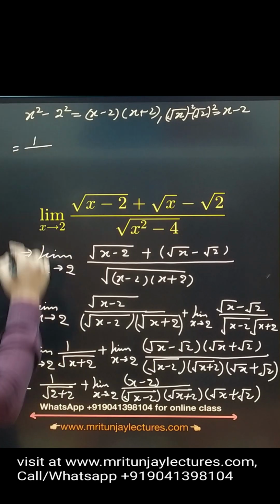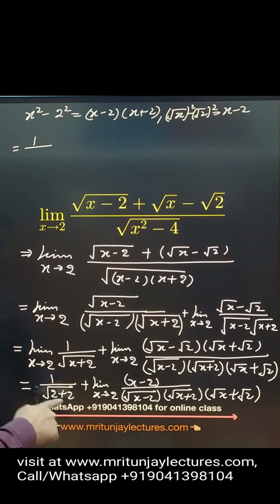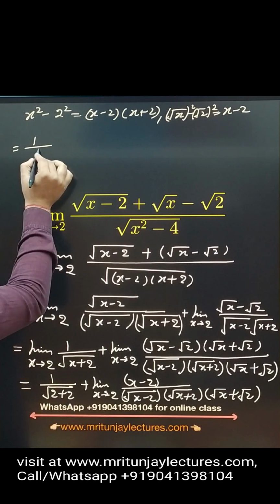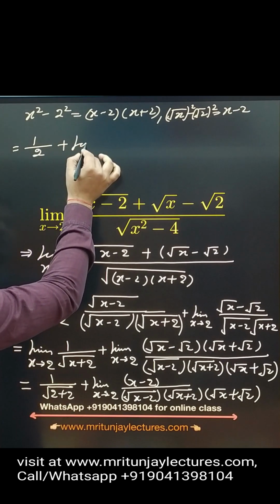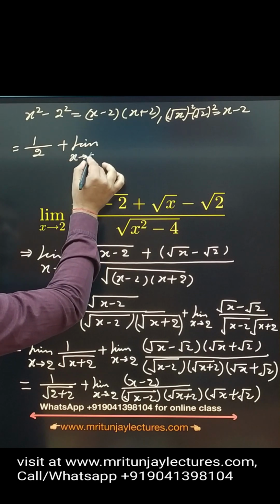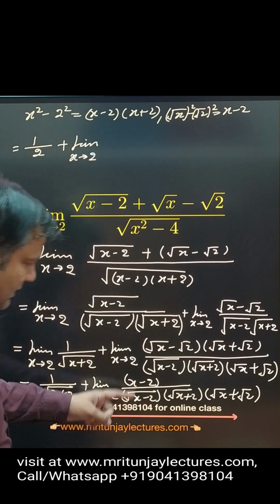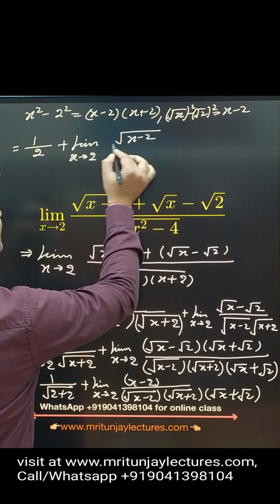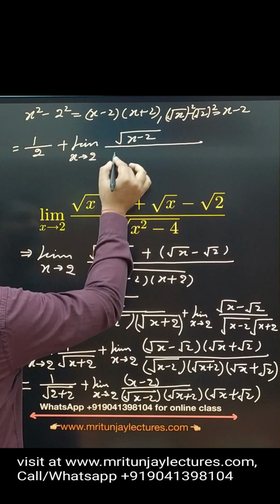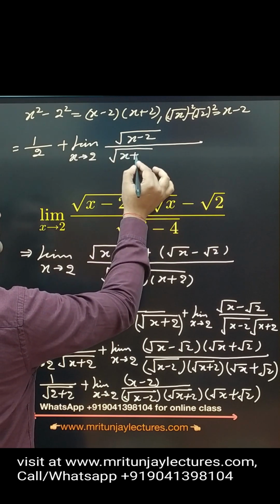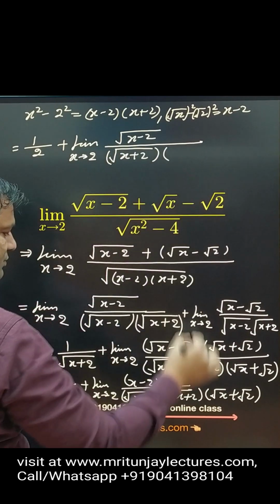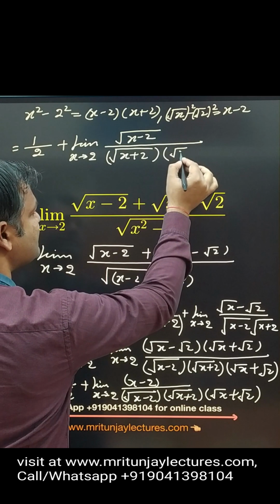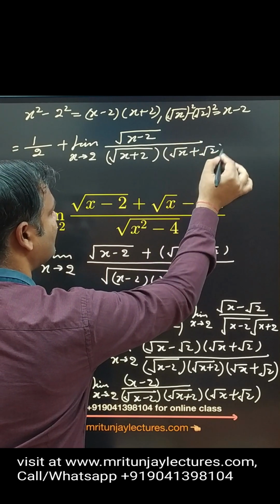That is 1 upon under root 4, that is 2, plus limit x tends to 2. What about that value? We got under root x minus 2 divided by under root x plus 2 into under root x plus under root 2.